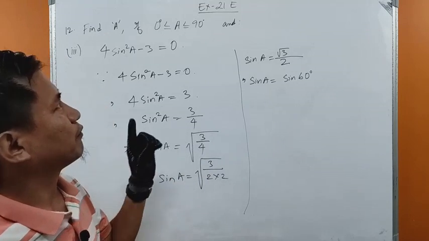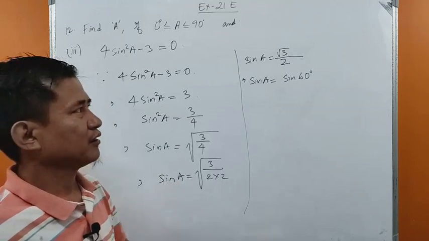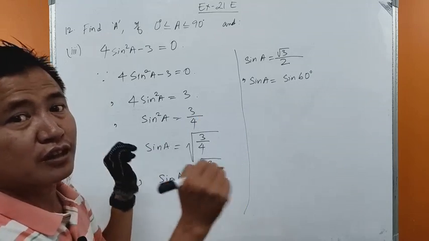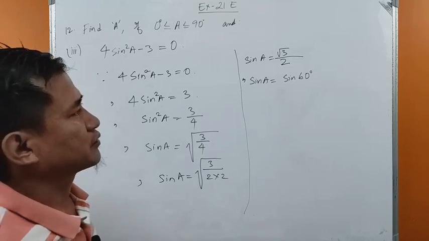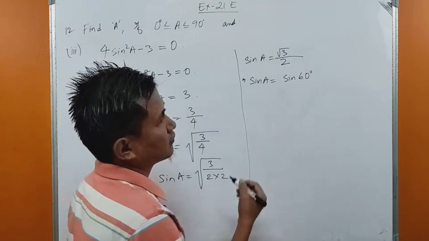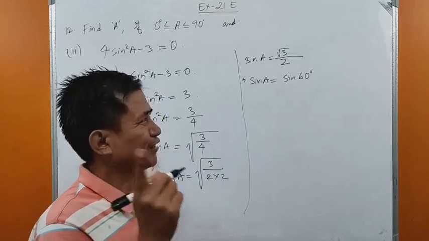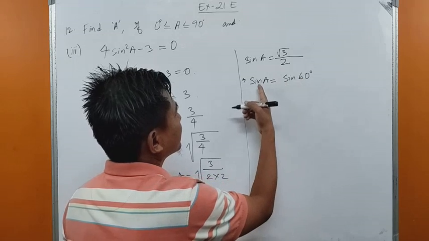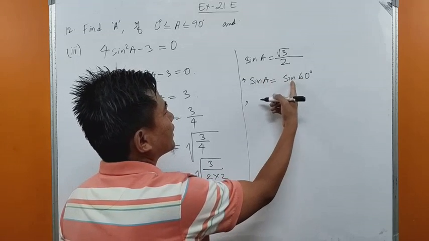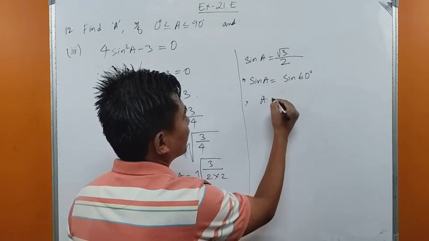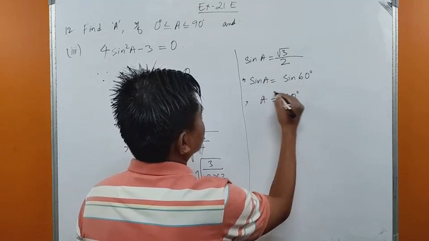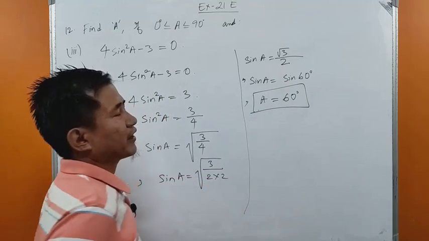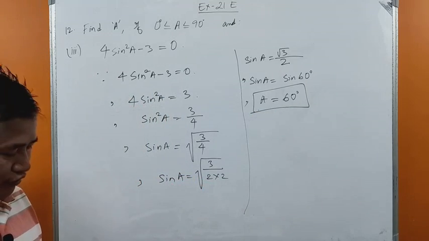I have already uploaded a separate video for that, how to construct a trigonometrical table and memorize its values. You can find that video in the playlist. Or sin A equals sin 60 degree, so we just leave this sin and sin, and we have A equals 60 degree. So the value of angle A is 60 degree. So let's do the next question.